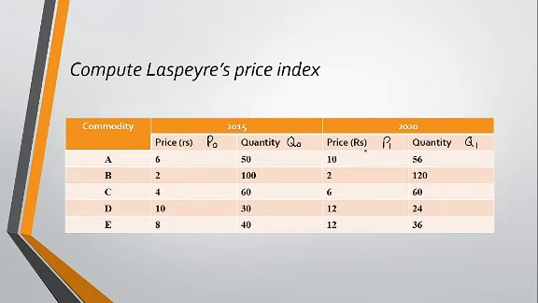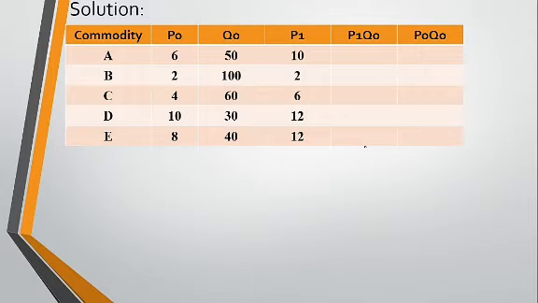So we'll solve this. Now what all things do we need here in Laspeyres? They have asked us to calculate Laspeyres method. So first we will write the formula: the price index of the base and current year under Laspeyres is equal to summation P1 Q0 divided by summation P0 Q0 into 100.